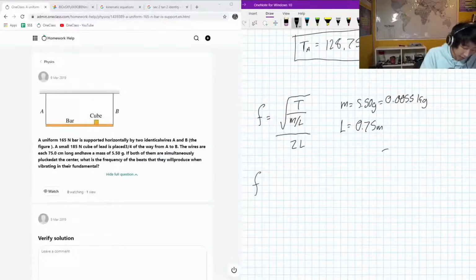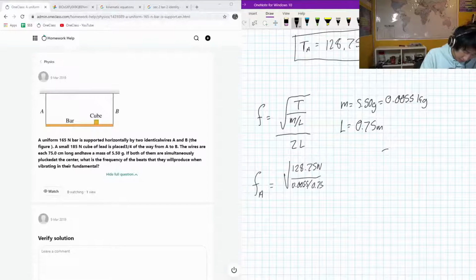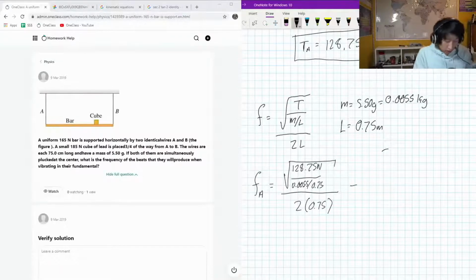So let's first find the frequency of A. So under the root, we got our tension of A is 128.75 newtons divided by mass, which is 0.0055 over 0.75, all over 2 times 0.75. Okay, let's calculate this out.